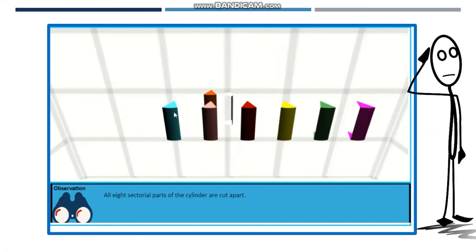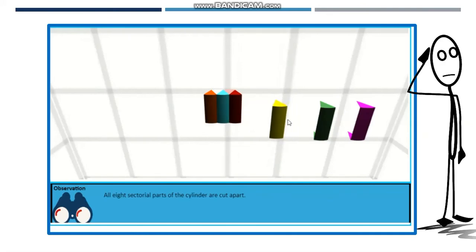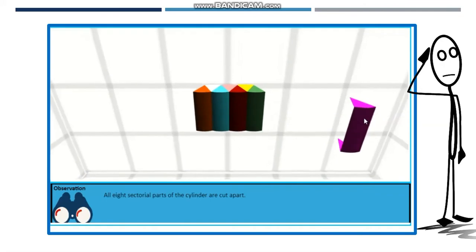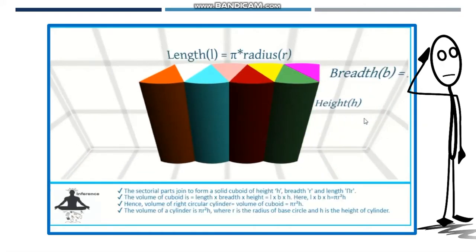And I will bring them together to ease your exploration. Now, what do you see? Yes, I am hearing you. You say that these are rectangular prisms and we know this from previous grades. Exactly.